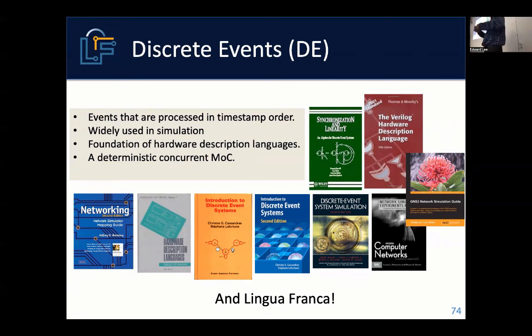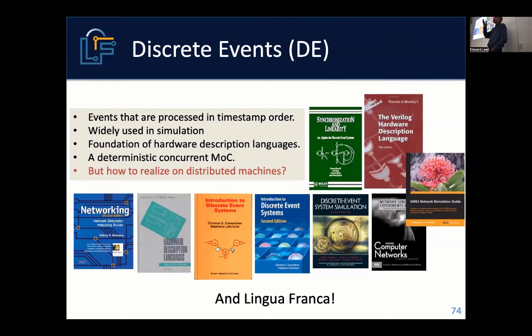And this was being done by constructing these big discrete event models of various interrelationships. I didn't understand it. It was a little too social sciencey for me, but it did get used in there. So Lingua Franca is actually a discrete event language in a manner similar to all of these, with interesting nuances.